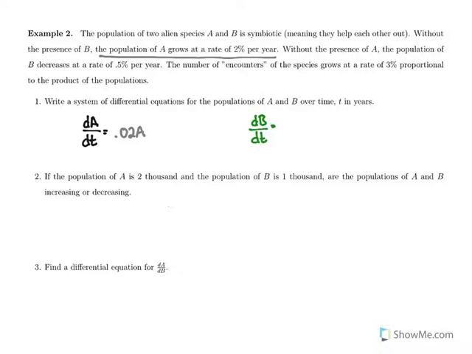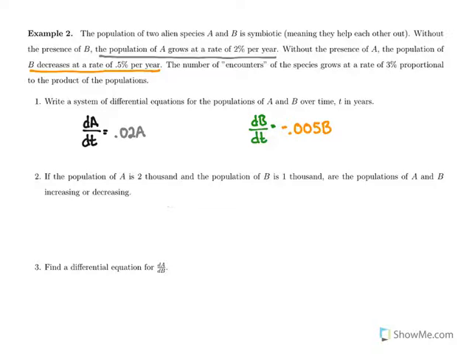And B is going to decrease at a rate of 0.5% per year. So we're going to have a negative 0.005B. Note that for 0.5%, we move the decimal point over twice, that's 0.005. And it's going to decrease, so we have that negative. So without A, B doesn't do very well, it decreases.